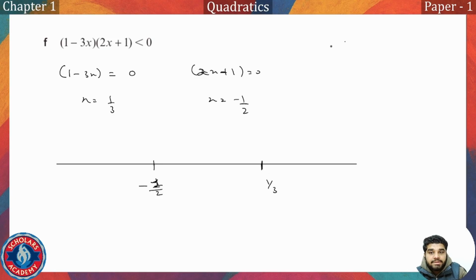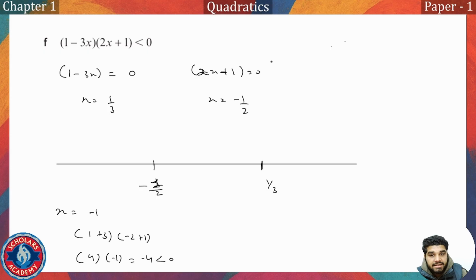What we need is the value of this quadratic expression to be less than 0. Let's identify which interval that is. If we take x is equal to −1 and substitute it over here, we get (1 + 3) and (−2 + 1), so 4 times −1, that is −4, and this is less than 0.